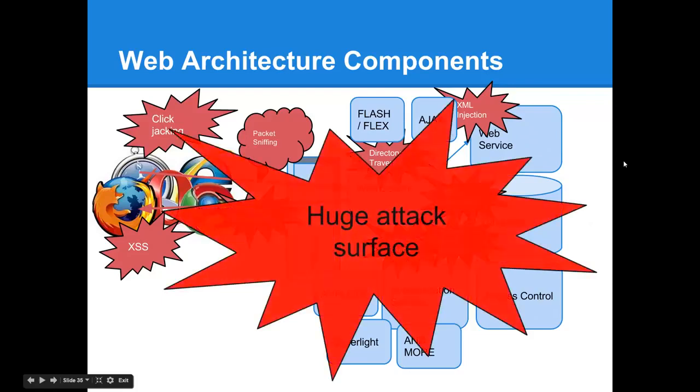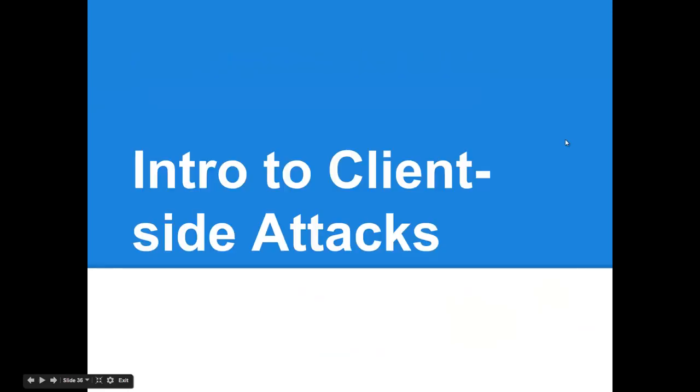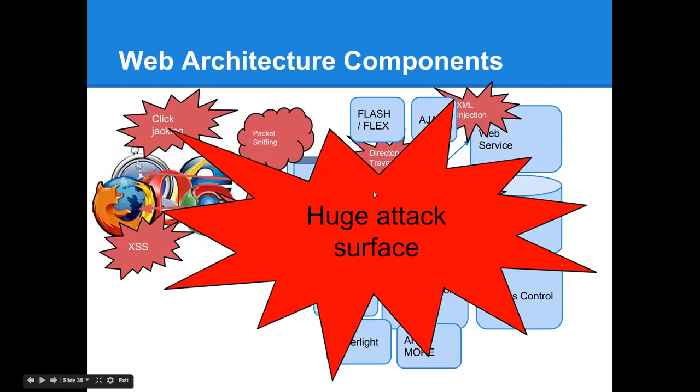And the takeaway is that the whole of web application architecture, from client to server, encompasses a huge attack surface, which involves many techniques to understand, to truly master it all.